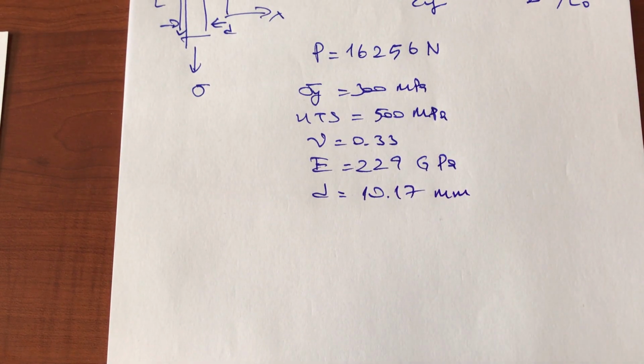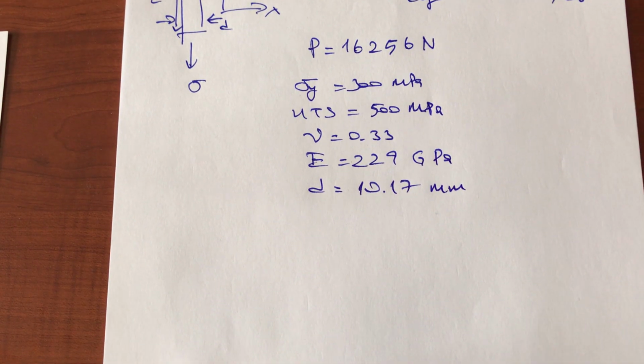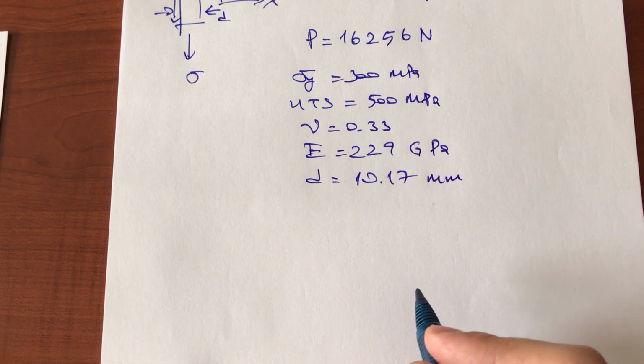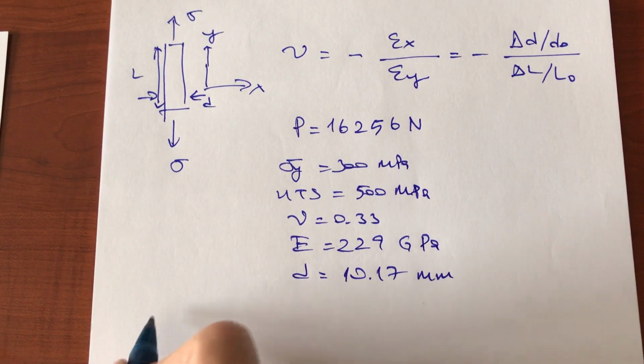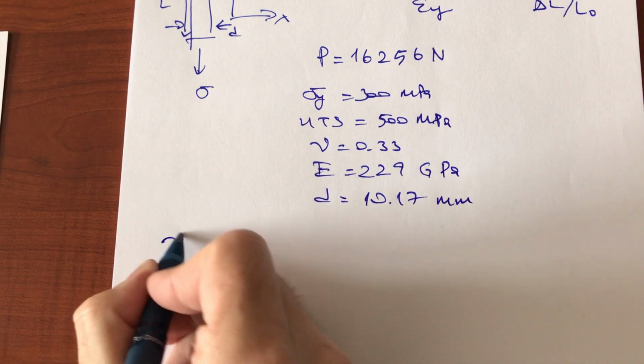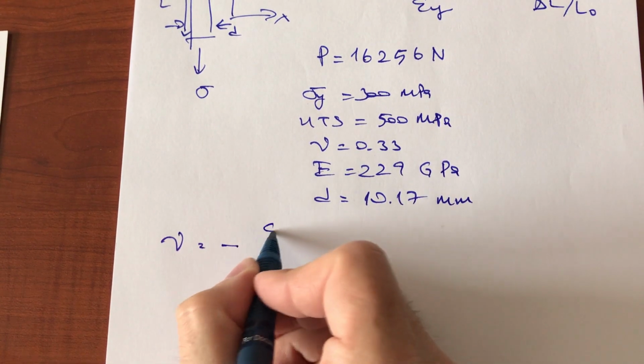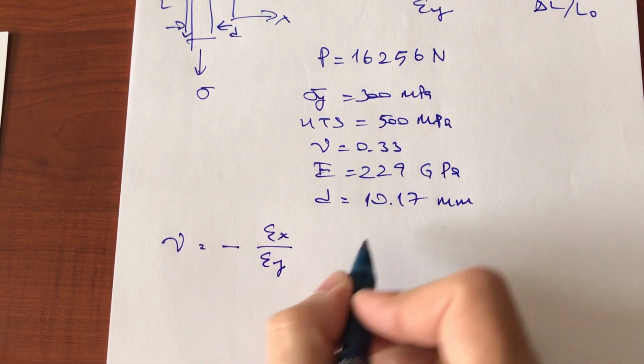Now we need to first find the strain in the y direction. So Poisson's ratio is minus epsilon x over epsilon y.